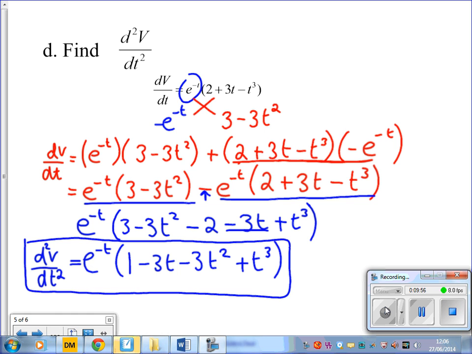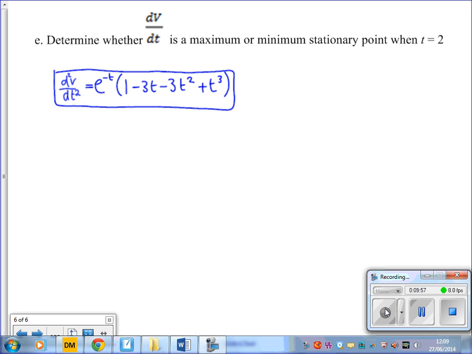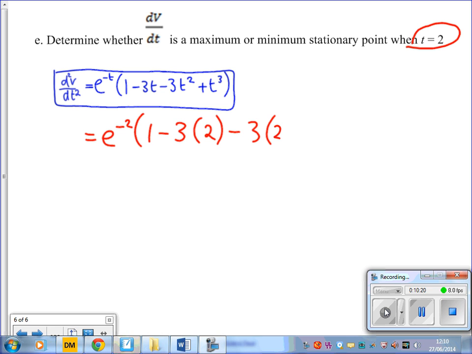To determine whether at t equals 2 we have a maximum or minimum stationary point, I'm going to use the answer to the last part of the question. And we're just going to substitute in t equals 2. So I'll have e to the minus 2, open bracket 1, take away 3 times 2, minus 3 times 2 squared, plus 2 cubed.